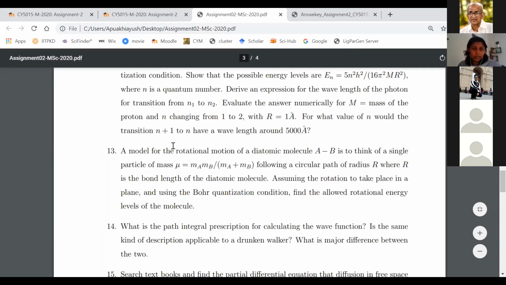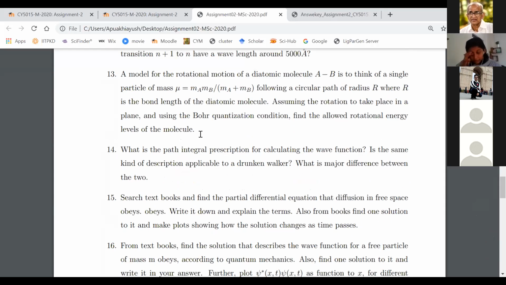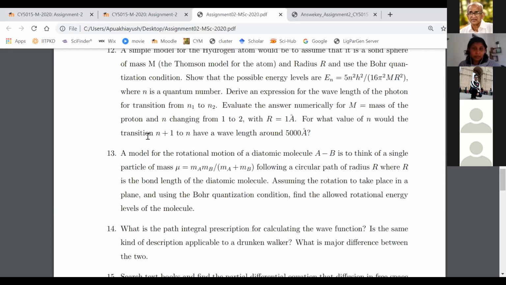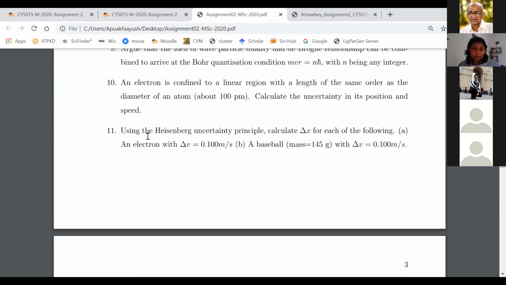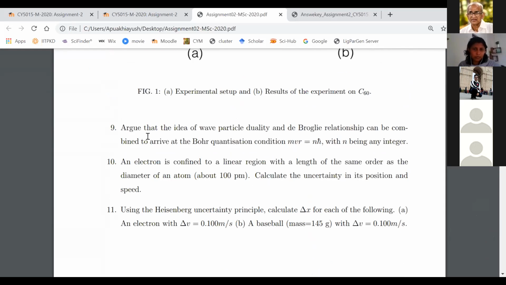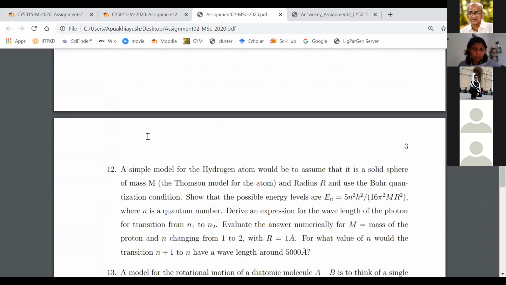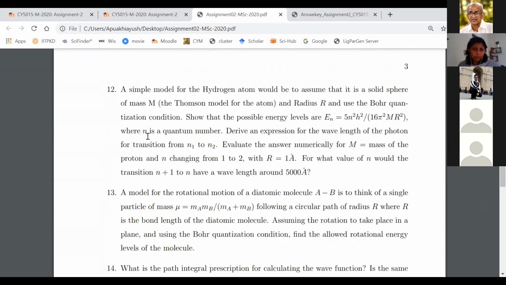Excuse me, ma'am. Yes, tell me. In the 12th question, the last part: for what value of n does the transition have a wavelength? There, the proton doesn't undergo transition now, so we have to take the electron transition. Where is it?